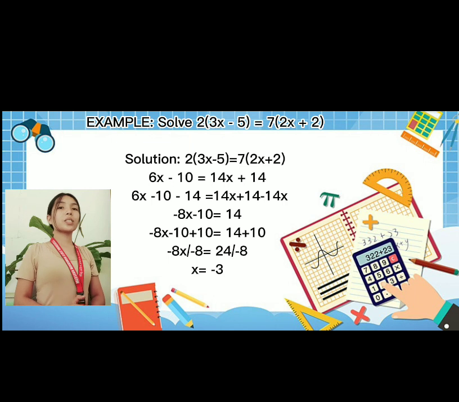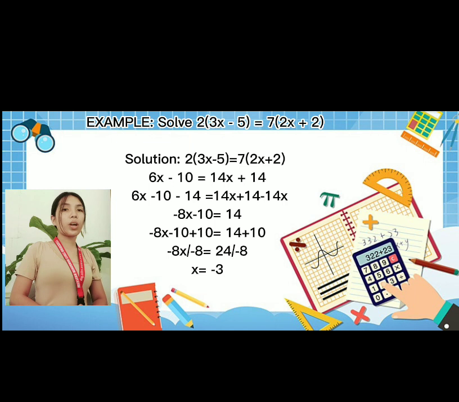So 6x minus 10 minus 14x is equal to 14x plus 14 minus 14x, which is equal to negative 8x minus 10 is equal to 14, because 14x minus 14x is equal to 0. Therefore, we are going to add 10 to both sides now. So negative 8x minus 10 plus 10 is equal to 14 plus 10, which gives negative 8x equals 24.